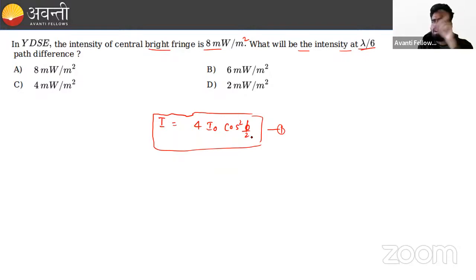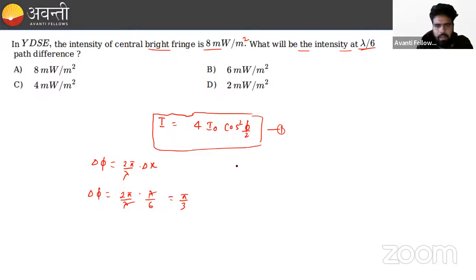How can we relate phase difference and path difference? That is the beautiful relation: delta phi equals 2 pi by lambda into delta x. This formula we know, so delta phi becomes 2 pi upon lambda into delta x. What is the value of delta x here, guys? That is lambda upon 6. So this value will become pi by 3.